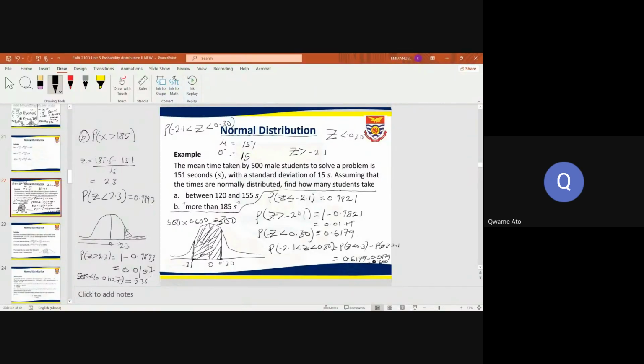Why is it that here we didn't consider that? If Z is greater than, we subtract from 1, right? Yes.